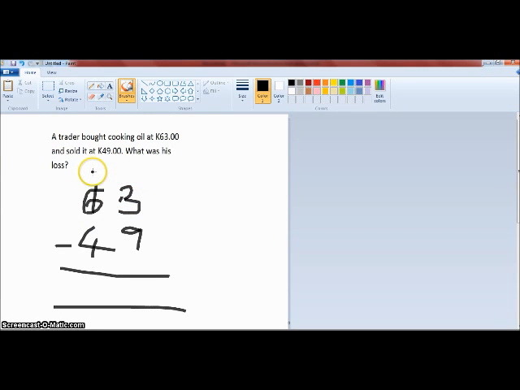Then this, since we have removed a 1, it becomes a 5. So 13 minus 9 is 4. And 5 minus 4 here is 1. So the loss was 14 kwacha, and that's the answer. Let us move on to the next question.